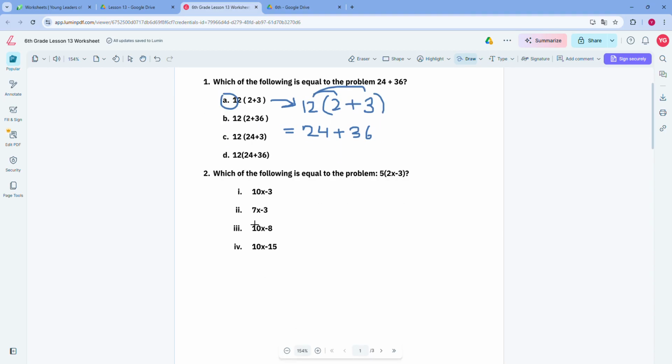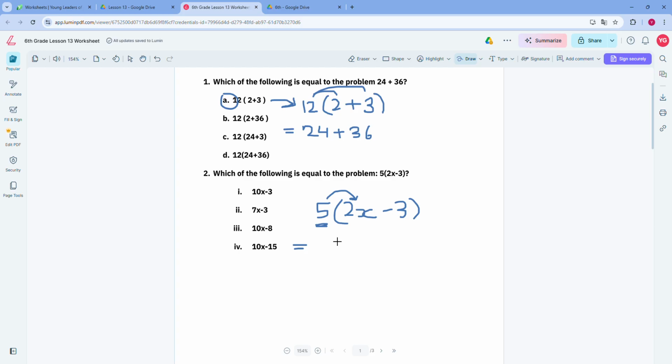Number 2 is asking which of the following is equal to the problem 5 times 2x minus 3. So I'm just going to write that problem again. And same thing as last time, you want to make sure that you're distributing the number that's in front of the parentheses to each of the numbers in the parentheses.